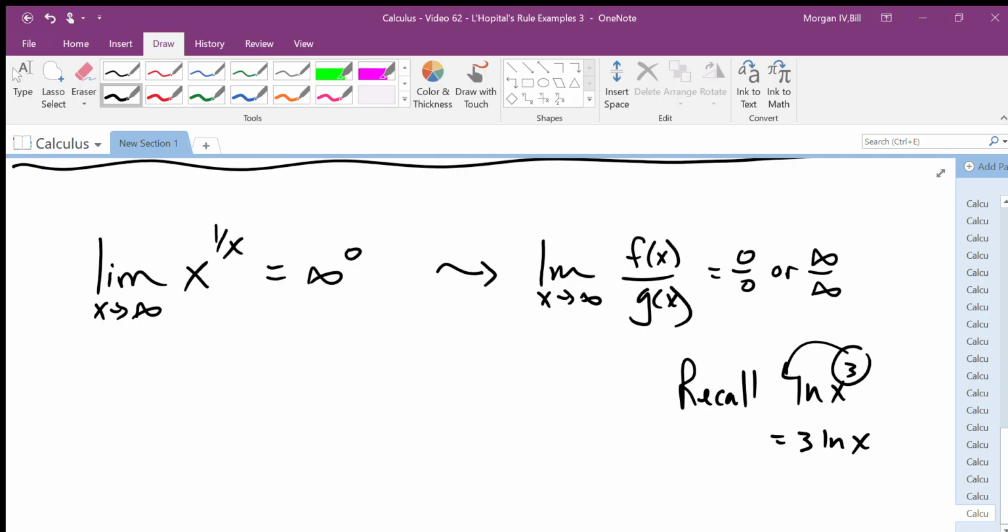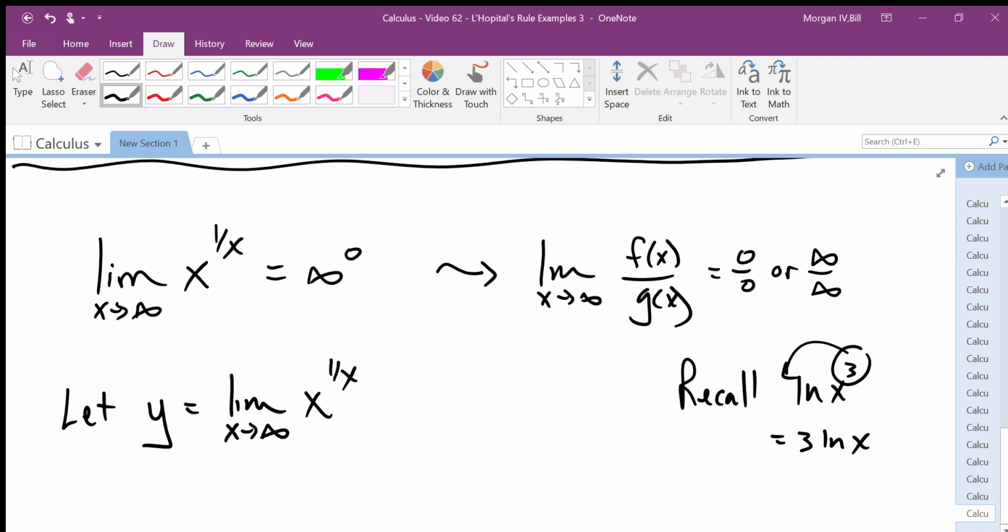So whenever you have an x to the power of something involving x, the way we do this is we start by letting y equal this limit, the limit as x goes to infinity of x to the 1 over x. Then in order to introduce a natural log, because I let y equal this, now I can take the natural log of both sides.